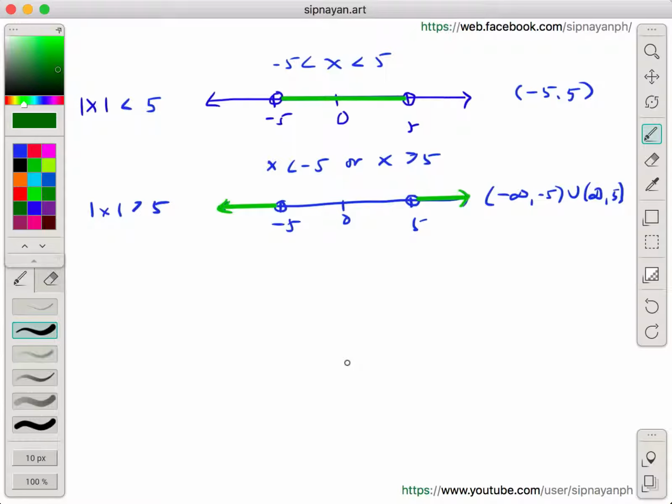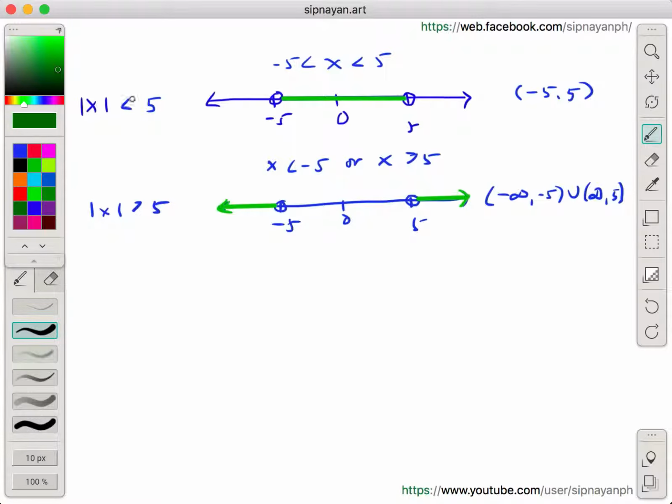From the previous videos, what we learned is that if the absolute value of x is less than a certain number, for example 5, then the solution set are the numbers near 0, between negative 5 and 5. Because when we say absolute value, it means distance from 0.